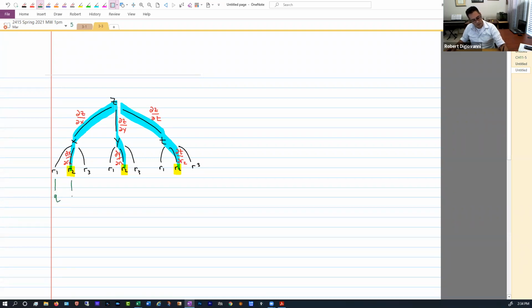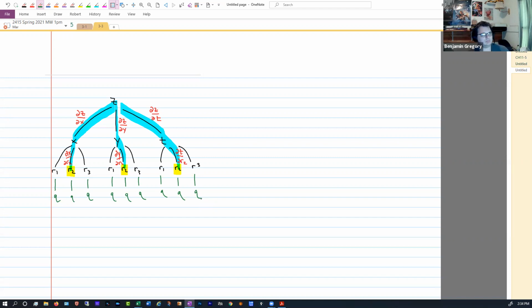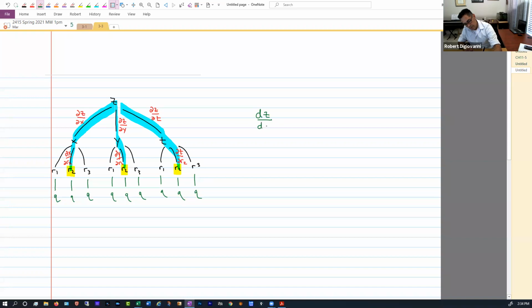Q. How many derivatives are possible? One. Just one. And would it be a partial or would it be a straight derivative? It'd be just dz over dq. Straight derivative, not a partial.